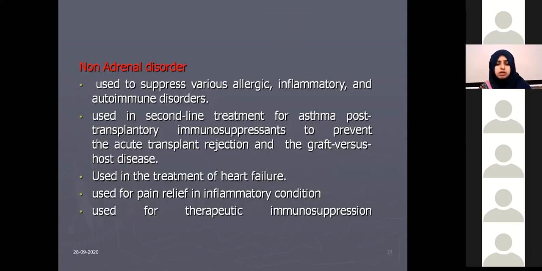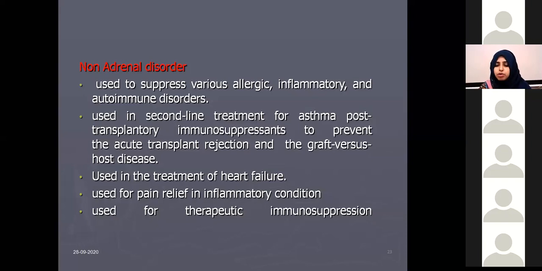Let's see the non-adrenal therapeutic uses of corticosteroids. Corticosteroids have a multitude of effects and can affect every tissue of the body, so there is a long list of uses, and simultaneously a long list of side effects. First of all, it suppresses allergic, inflammatory and autoimmune disorders, because it decreases inflammatory reactions.